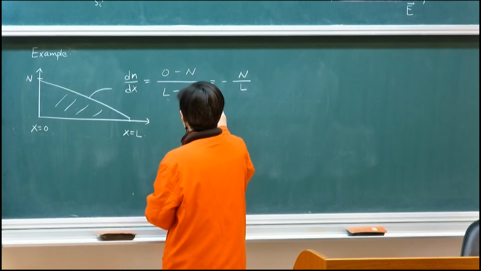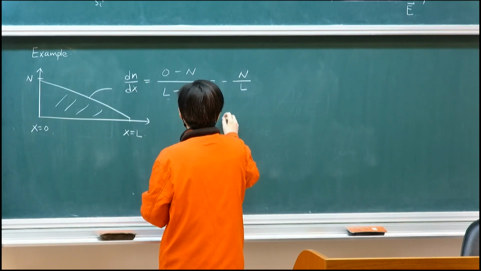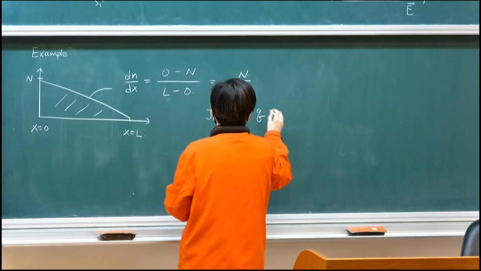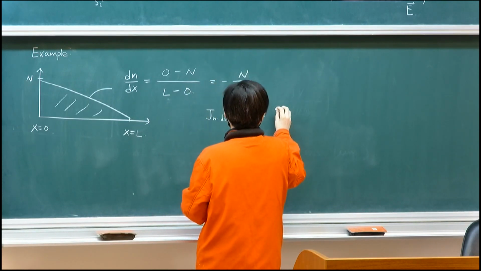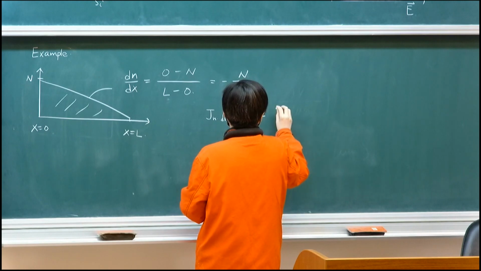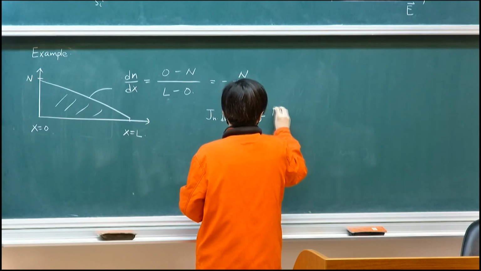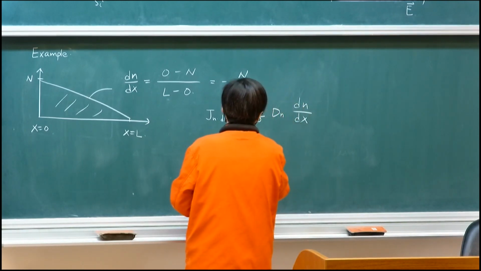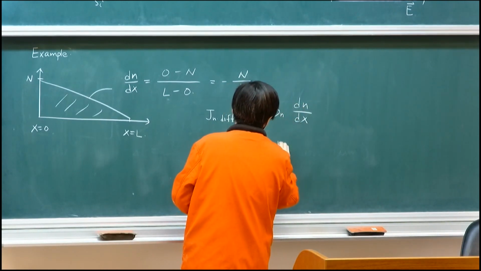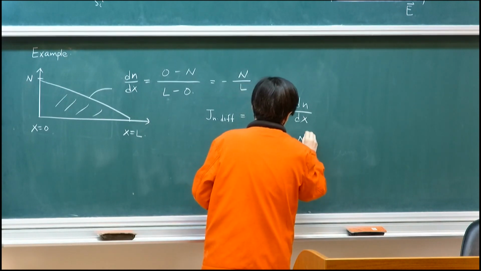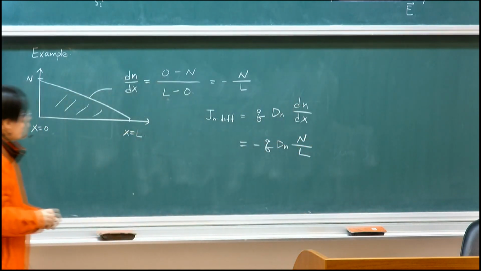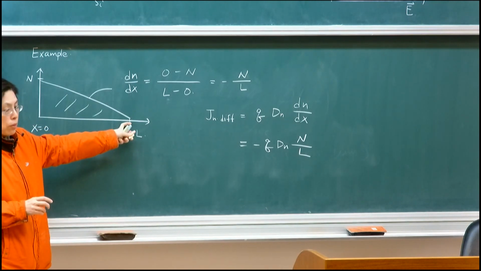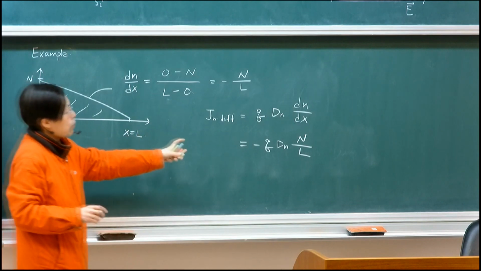Then I'm just going to use my electron diffusion current equation, which is Q Dn dn/dx. So this will be a minus Q Dn n over L. Once you know the carrier concentration, this gradient will then give you the current.